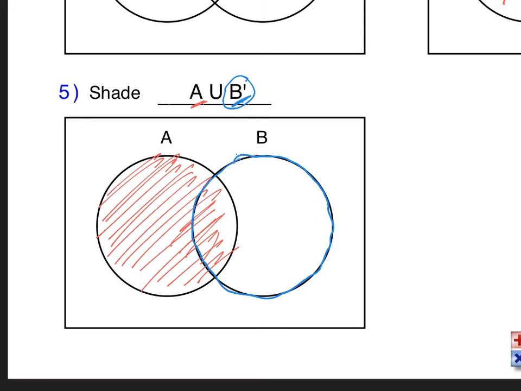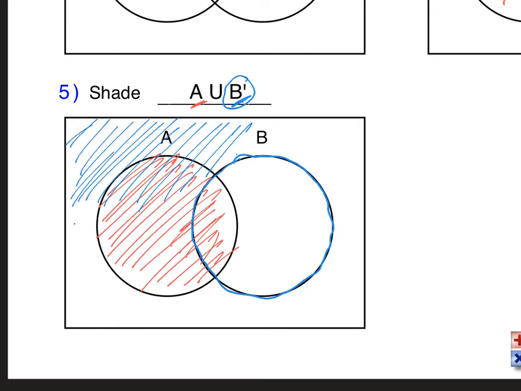If I were to shade set B, I would shade everything inside of it. So shading the complement, or not B, would be shading everything outside of that region. So I'm just going to shade this whole thing.